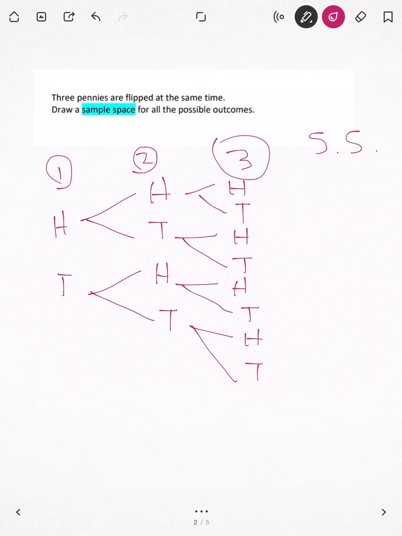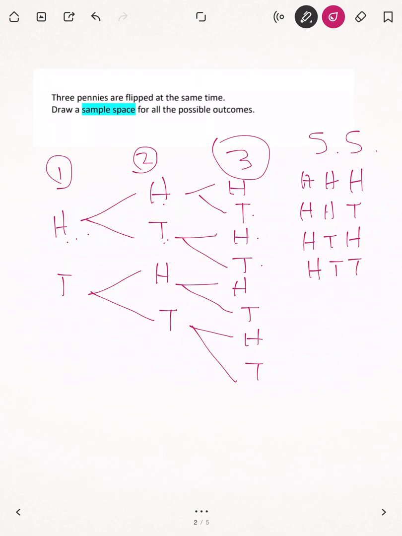Heads, heads, heads is the first possibility. Then we get heads, heads, tails as the second possibility. Heads, tails, heads is the next possibility. Then heads, tails, tails.